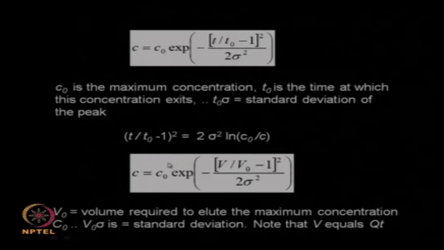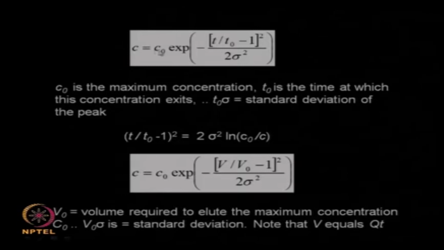C naught is the maximum concentration because it is a Gaussian distribution, and t naught is the time at which this maximum concentration happens, agreed. And t naught into sigma is the standard deviation of the peak. This is a typical equation for a normal distribution.